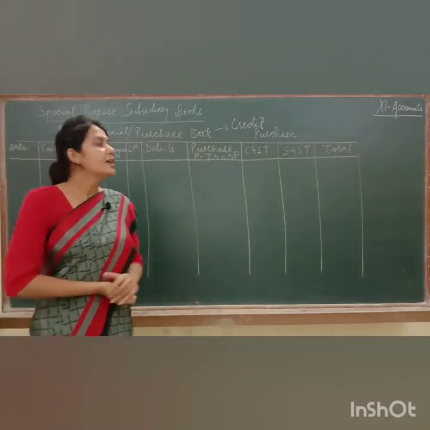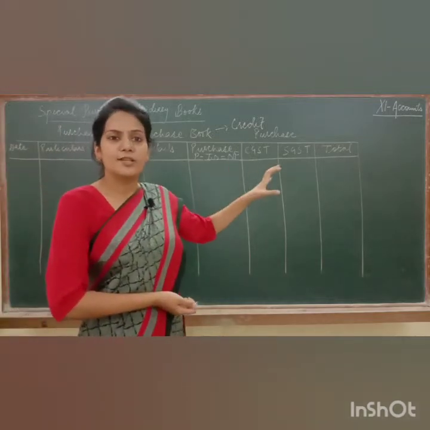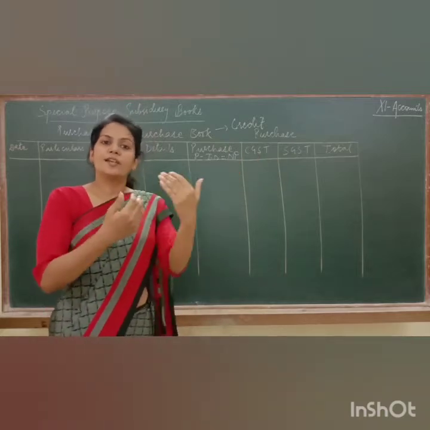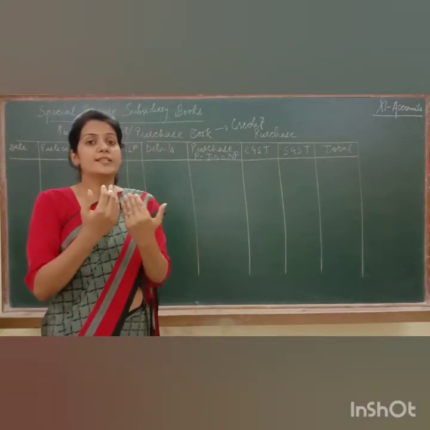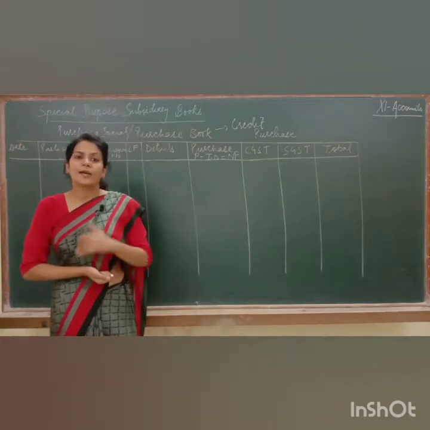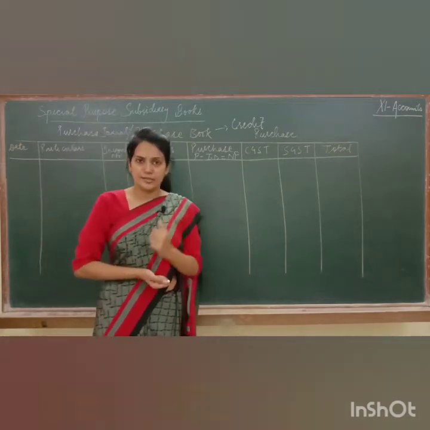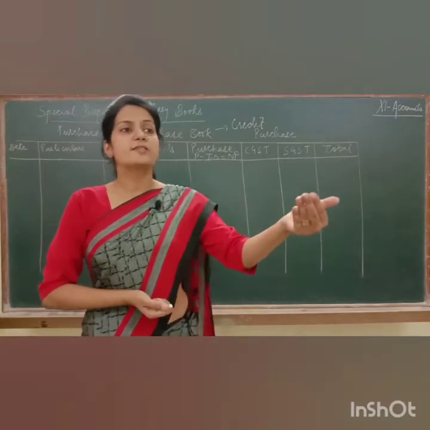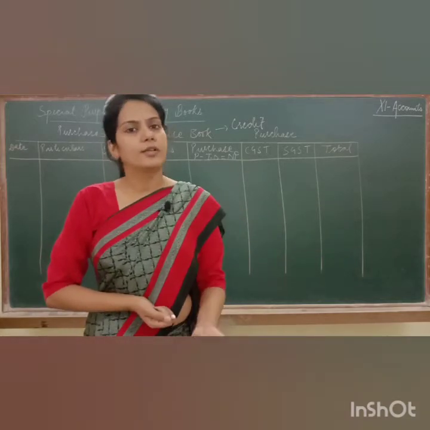And then lastly, we are going to record only those transactions which are related to the goods and services in which our business is dealing. Suppose my business is of manufacturing garments, and I've purchased one table on credit.